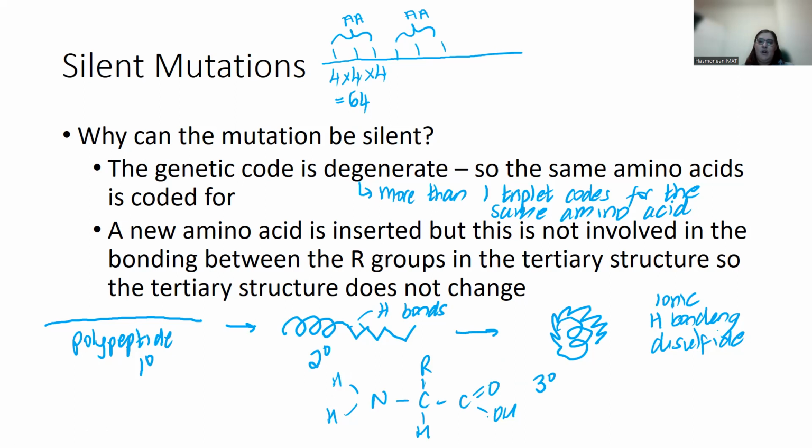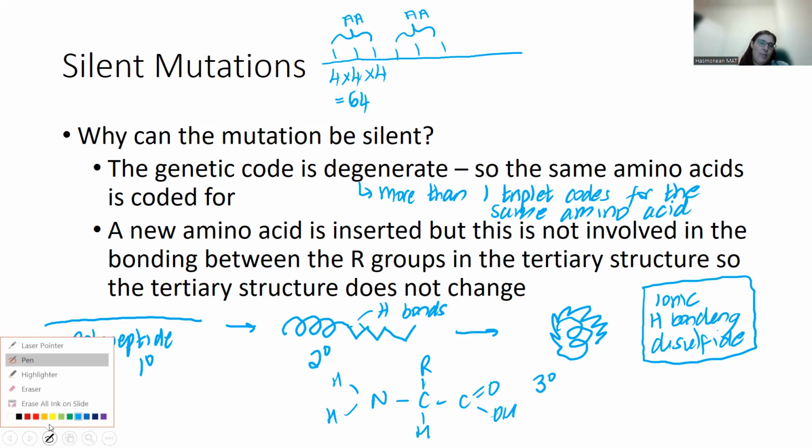Every amino acid has a carboxylic acid group, but different amino acids have different R groups, and that controls which of these 3 bonds they make and the structure, therefore, of that tertiary protein. So if the amino acid is not involved in that R group bonding, then the tertiary structure will stay constant and it will not change.